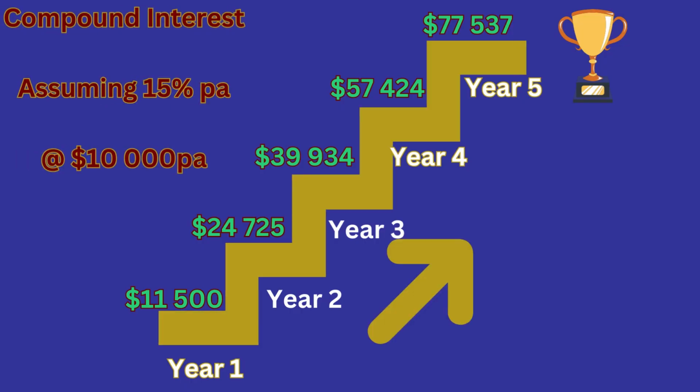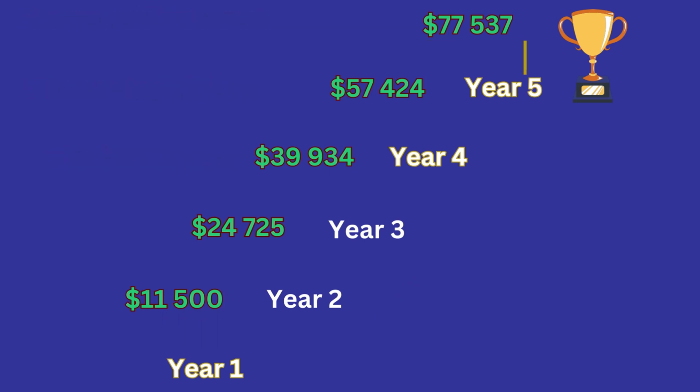The next is compound interest. How compound interest works is basically you're earning interest, and the following year you earn interest upon that interest. So you are building interest upon interest, and that's what they call compound interest.